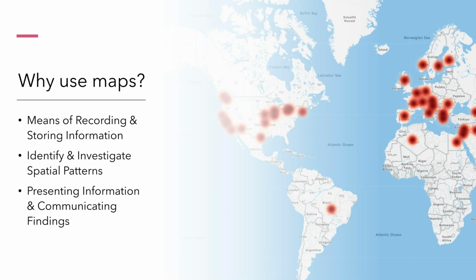The other aspect is using the mapping platform to communicate the findings and do the reporting after the analysis. This is what we've seen even during the COVID-19 situation now. Many of our customers are using the mapping platform for gathering data, understanding the patterns, communicating their findings, and doing the reporting as well.